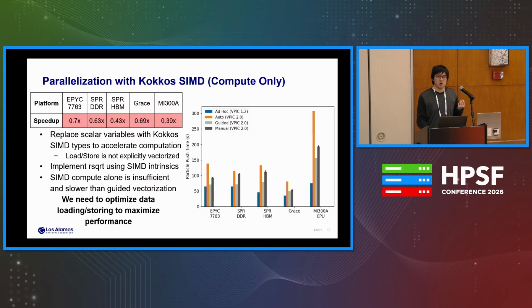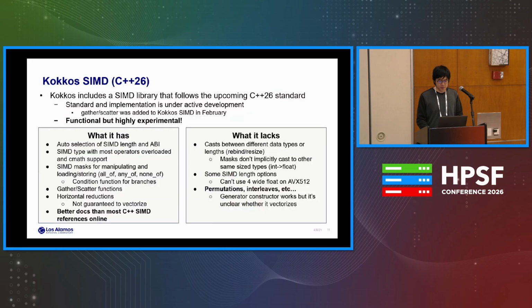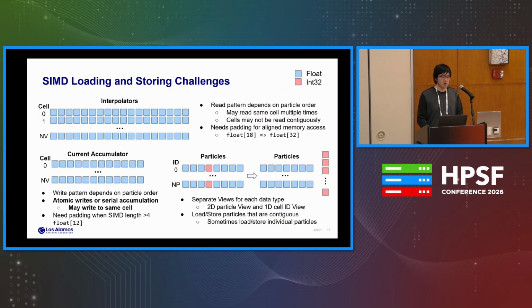So let's look at what we can do to optimize loading and storing data. So there are a few challenges we have to deal with. Key among them in VPIC is that for our interpolators as well as our current accumulators, we can't guarantee the order in which we access things. So we have to assume that we will randomly access different interpolators because the interpolator we access is based on the particle.